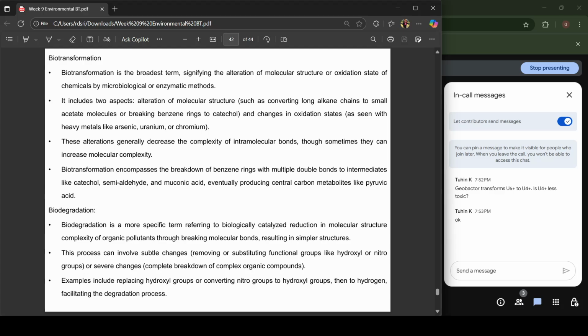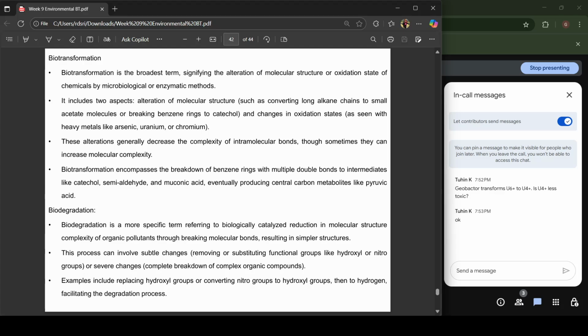So, when we talk about biodegradation, it is a more specific term referring to biologically catalyzed reduction in the molecular structure complexity of organic pollutants, where they break down the molecular bonds, resulting in simpler structures. It's just going to degrade it.